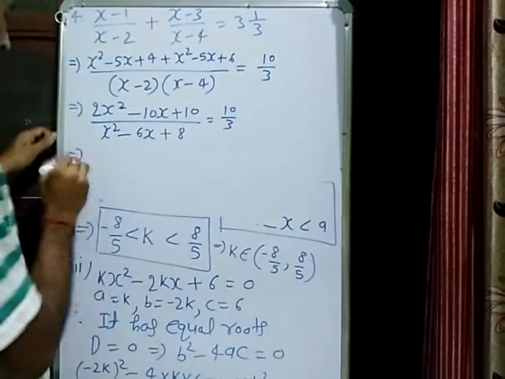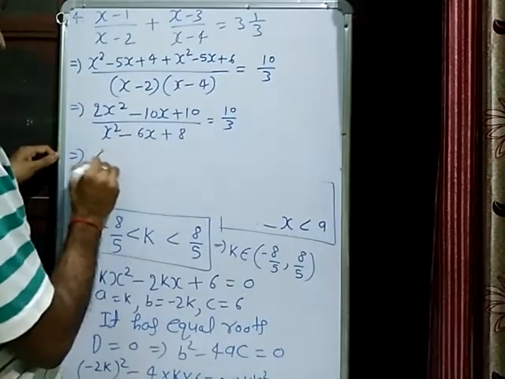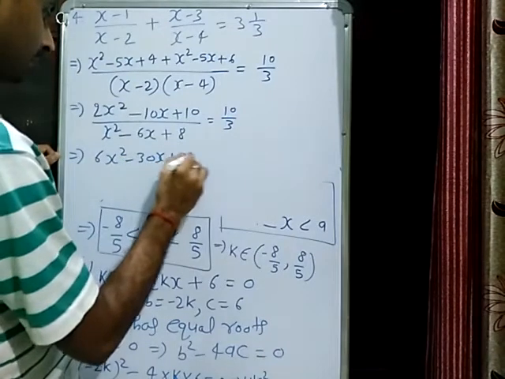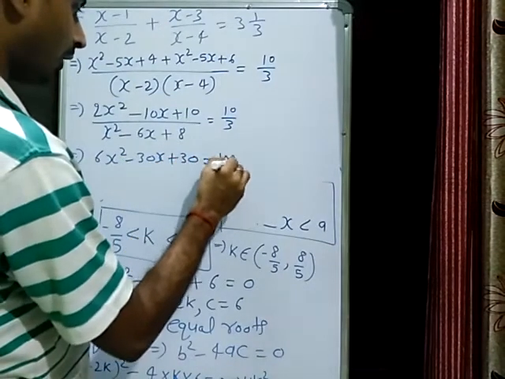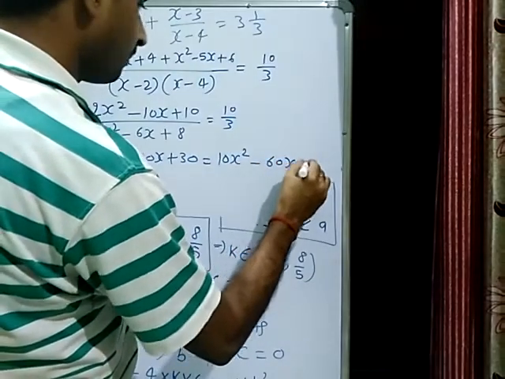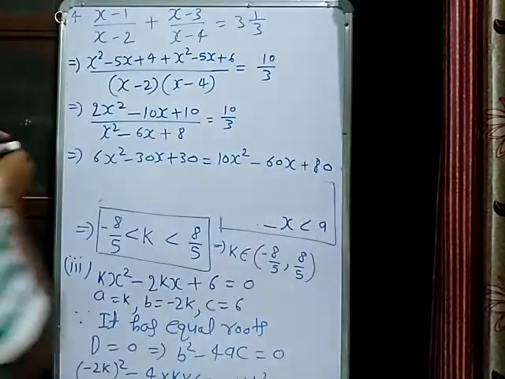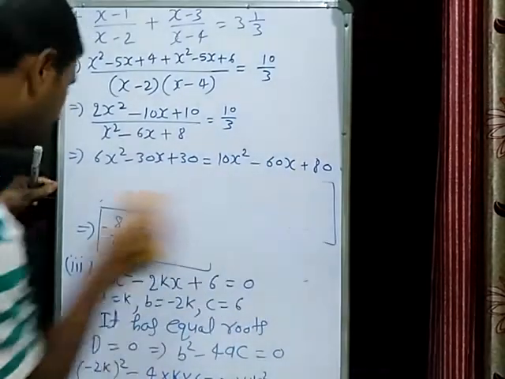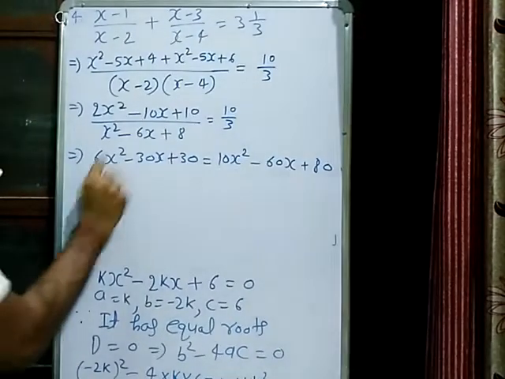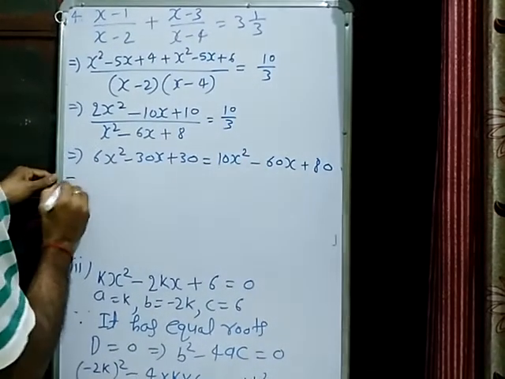Then we will do the cross multiplication. So 3 times gives 6x square minus 30x plus 30 is equal to 10x square minus 60x plus 80. Correct? To solve it, I will transpose the 6x square to the other side, so you will get 10x square.